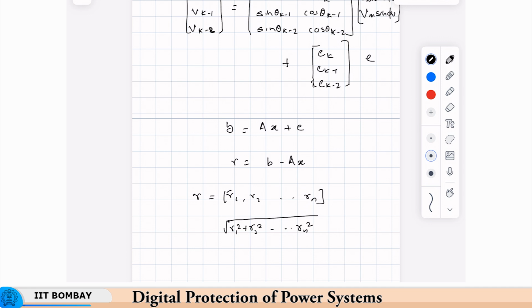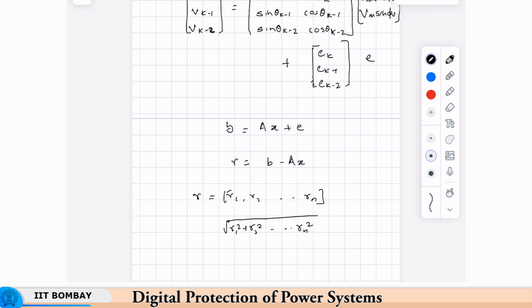This is what we minimize, and then we come as close to Ax as possible with our estimate of B. Now, can we make it 0? That is not in our hands, because we cannot eliminate noise. What we can do is try to make it as close to 0 as possible. That is what we are trying to optimize.